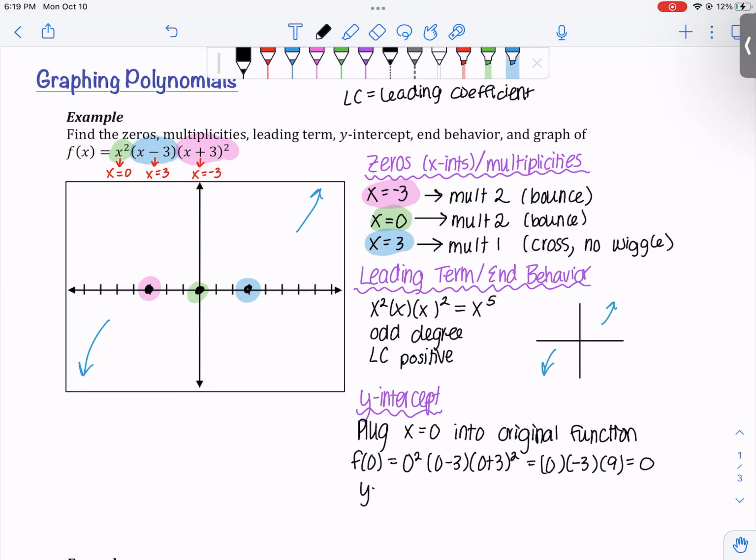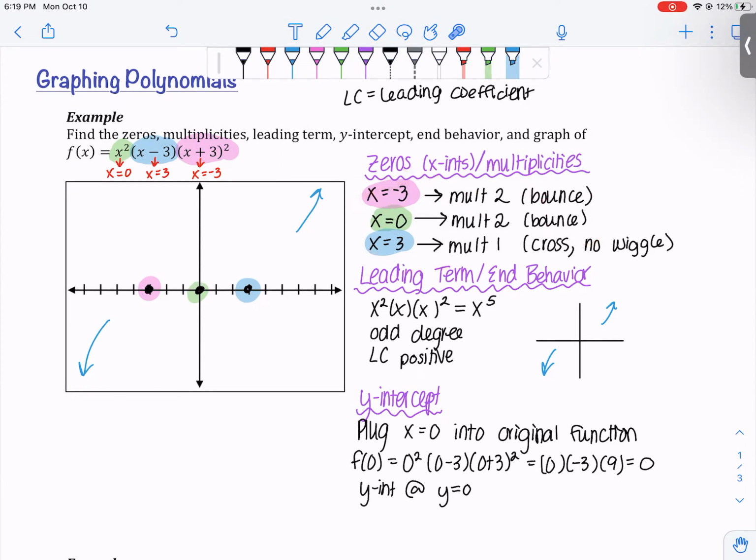So there's a y-intercept at y equals 0. And that makes sense because if 0 is an x-intercept, then 0 is a y-intercept as well. So the y-intercept doesn't tell us anything here.